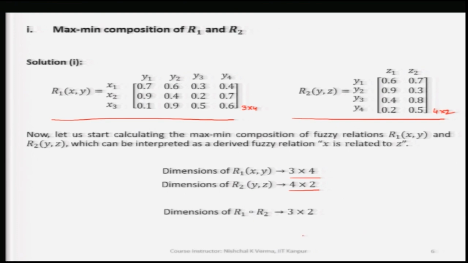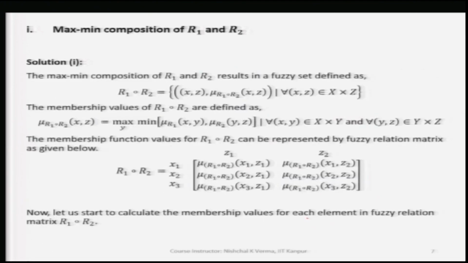Let us do that. The outcome of this multiplication will generate another fuzzy relation matrix, and the order of this matrix will be 3 cross 2. Let us represent this as R1 composition R2, which will have the generic variables x and z, and this can be written by this matrix here.